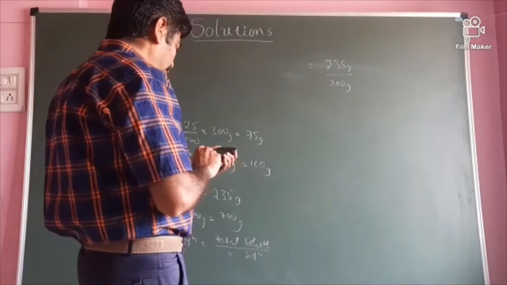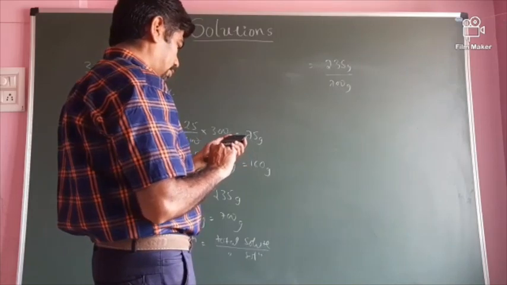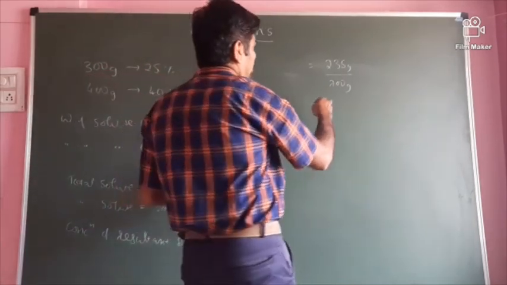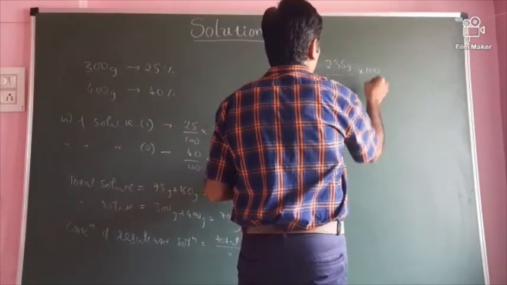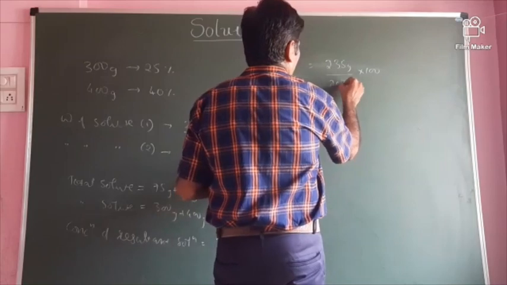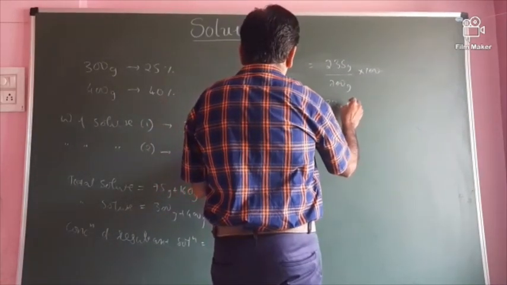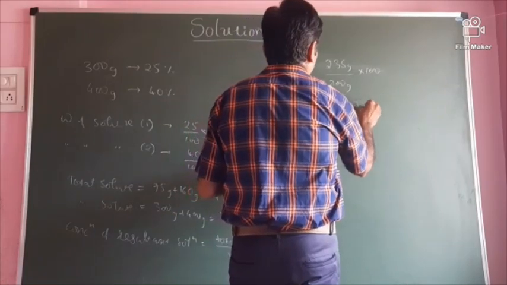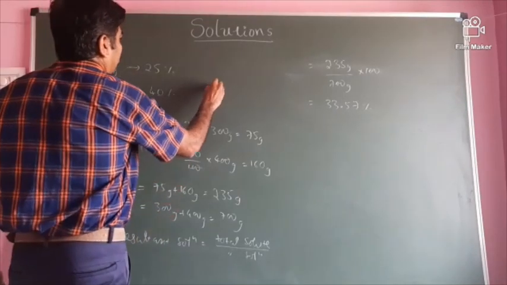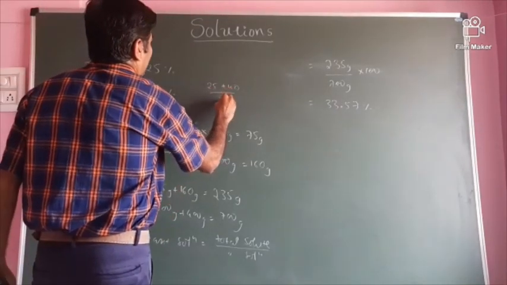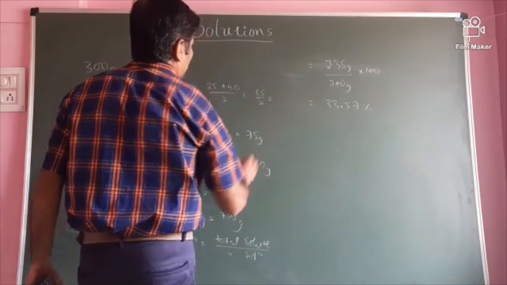But that should be very simple. Since we are calculating it in percentage, let's multiply it by 100. So that will give you 33.57%.